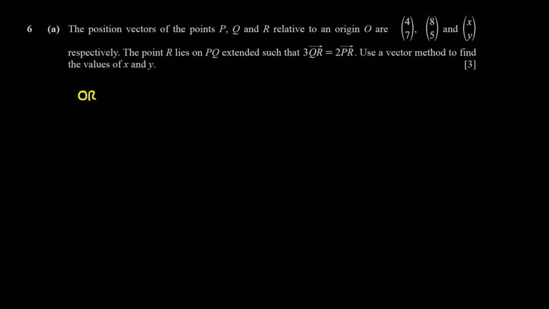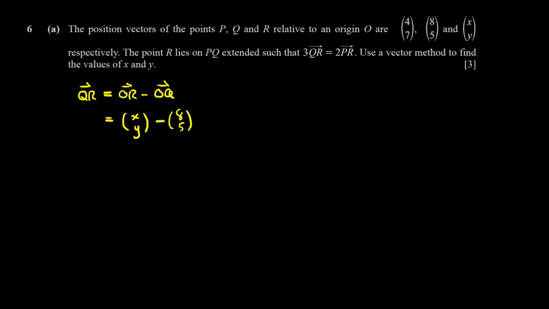So how can we find QR? QR is going to be the vector OR minus OQ. What is the vector OR? It's the (x, y) we've got there. And what is the vector OQ? It's the (8, 5). So we write that down, minus (8, 5).